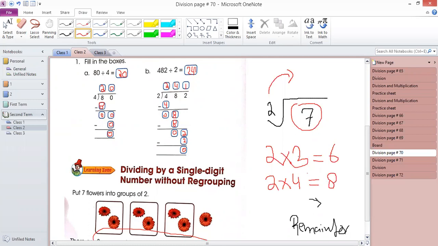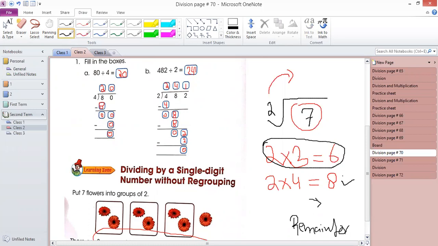Guys, you have to always consider the number which is less than your required number. You are dividing 7, so you cannot go for a number which is more than 7.